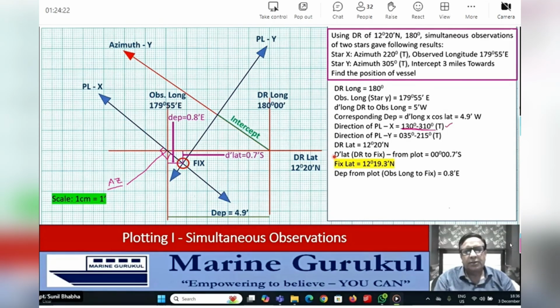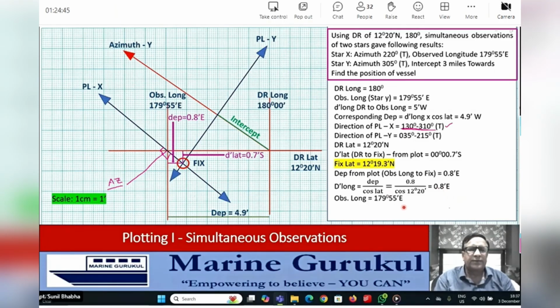We have the departure of the fix from the observed long, which is 0.8 minutes east. We convert this departure into D long. So D long comes to 0.8 minutes east. That means longitude of the fix is 0.8 minutes east of the observed longitude.